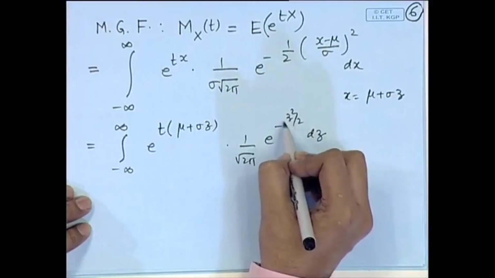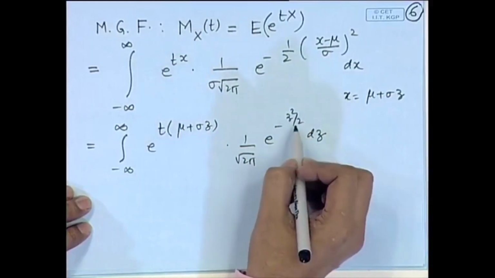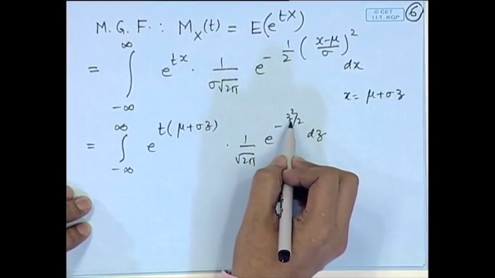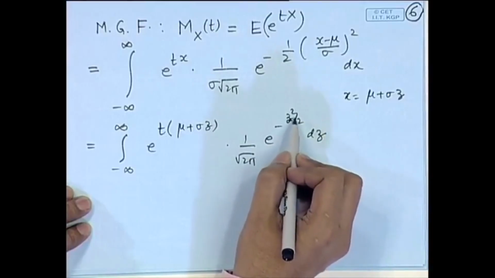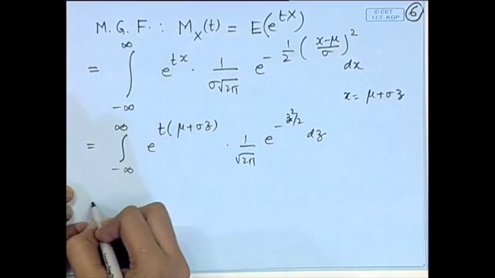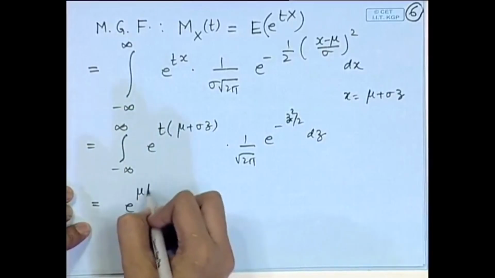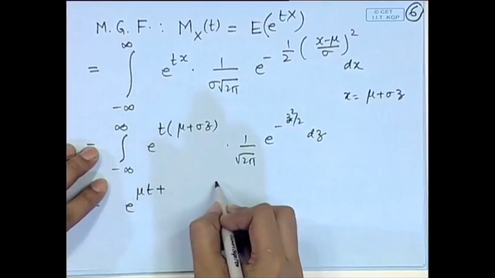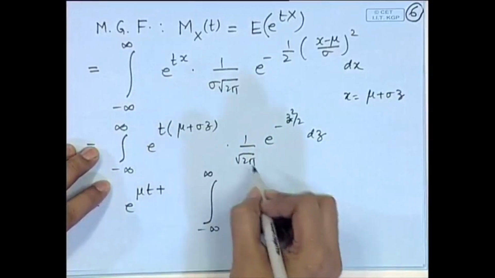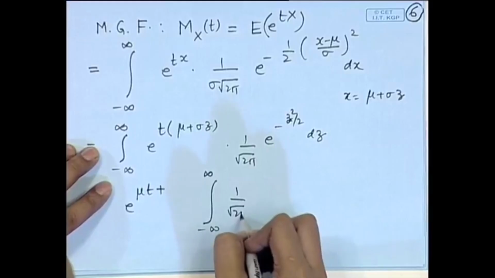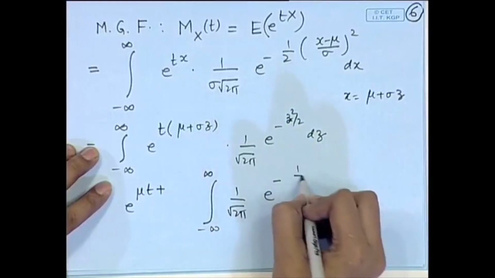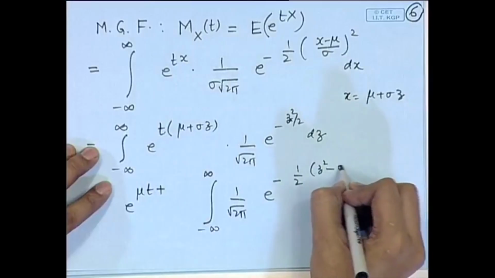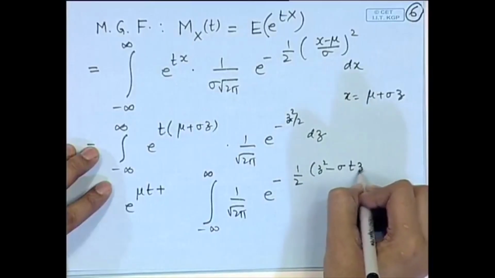So, since it is a quadratic in z, we will again convert it into e to the power some term which will involve a square in z. So, we can write it as one by root 2 pi e to the power minus 1 by 2 z square minus 2 sigma t z.